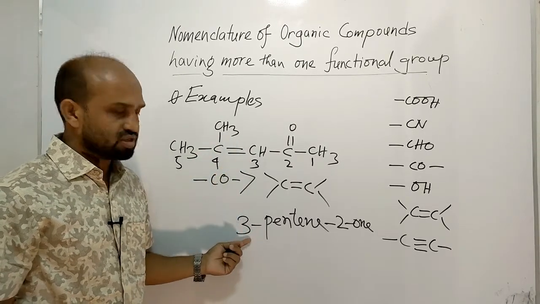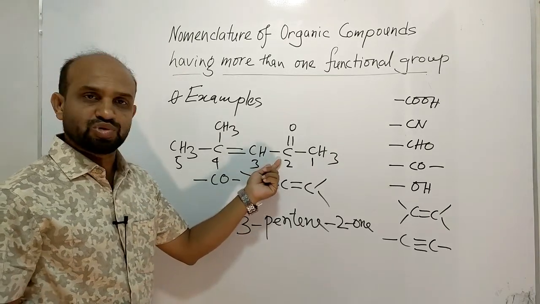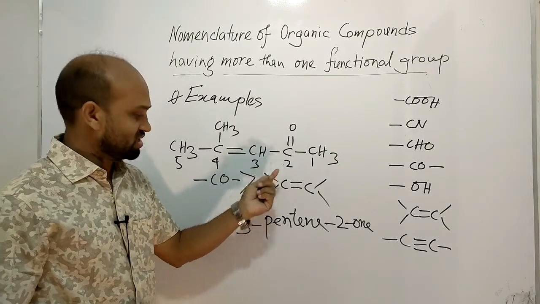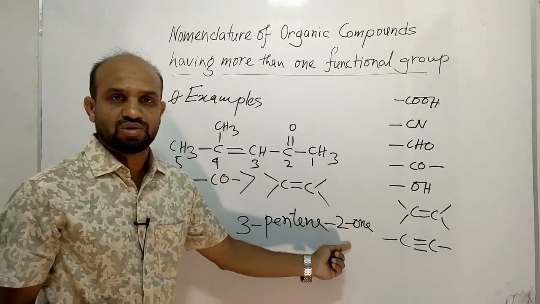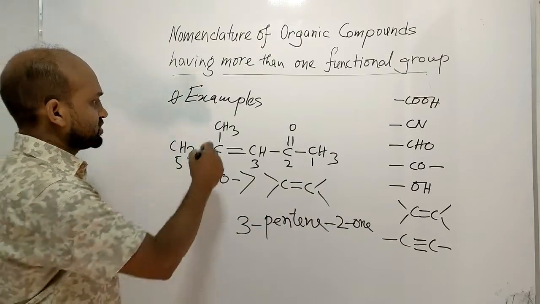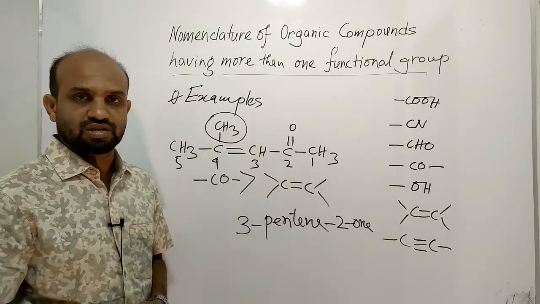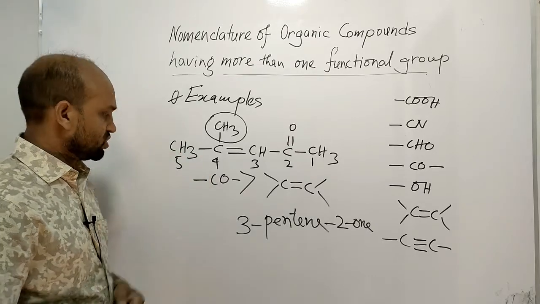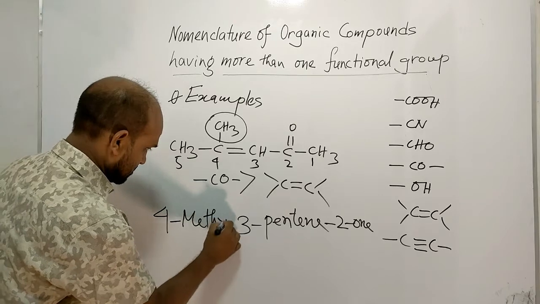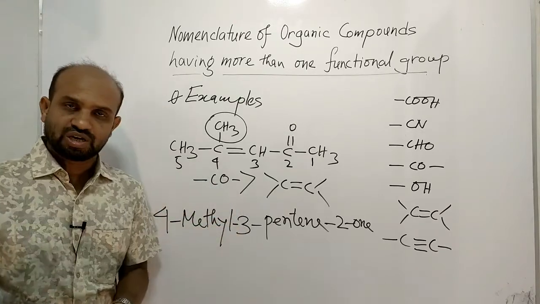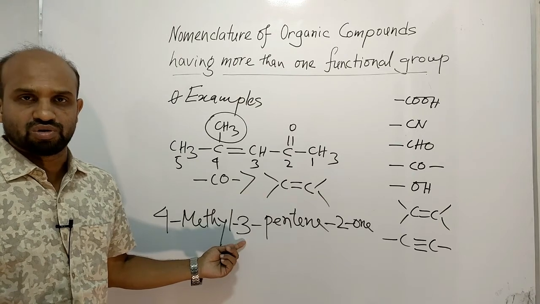That is why this is 3-pentene, and carbon 2 is ketonic group, that is why it is 3-pentene-2-one. There is another substituent, that is methyl group, and it is at carbon 4. So 4-methyl-3-pentene-2-one.